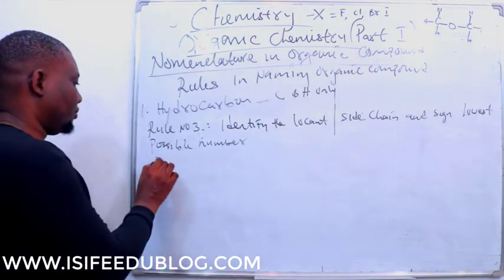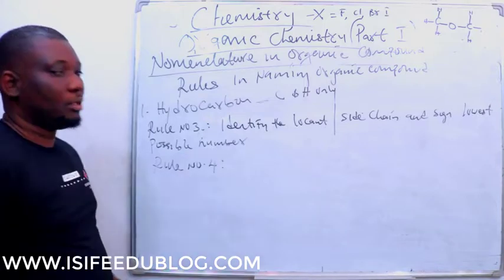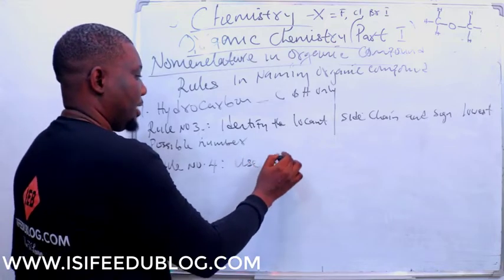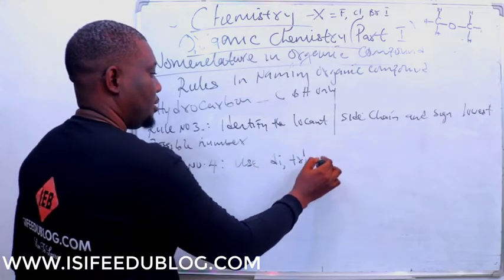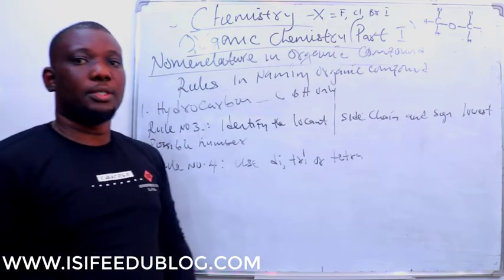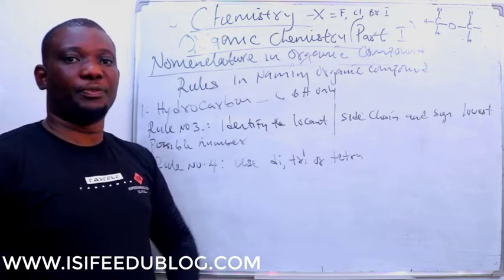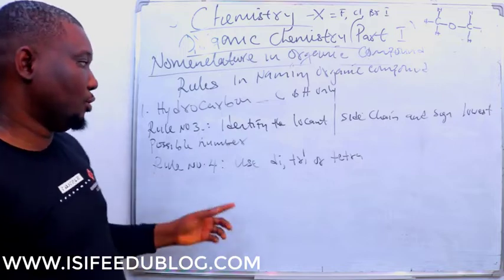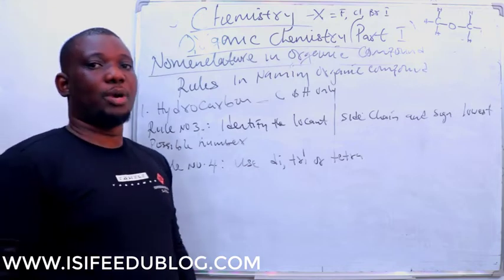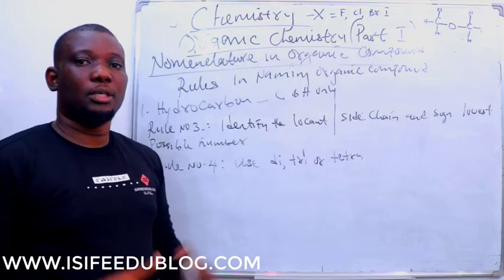Rule number 4: use di, tri, or tetra for similar side chains that appear on the same or different carbons in the skeleton.